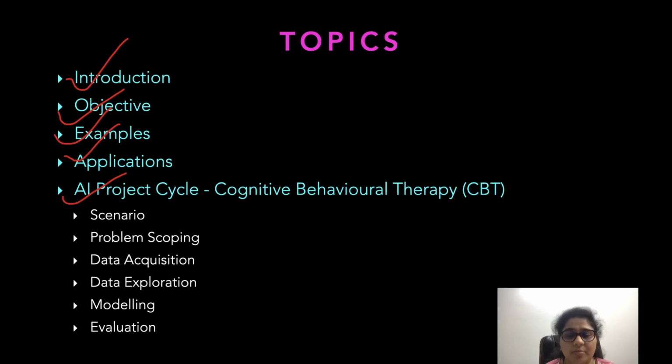That topic is given in your book and is part of your syllabus. So we covered all 6 areas of the AI project lifecycle specific to CBT: scenario, problem scoping, data acquisition, data exploration, modeling, and then evaluation, right? All these things we have covered in this session.